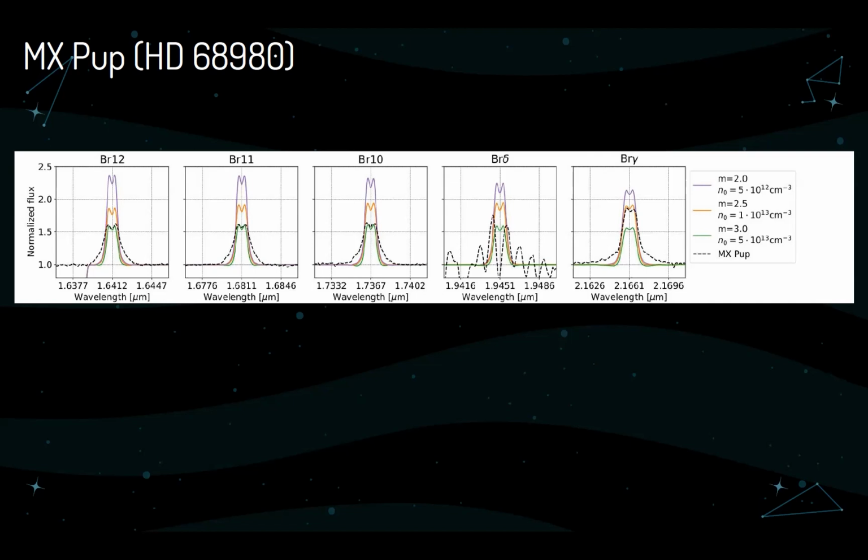That can happen because, as I mentioned before, the disk is not stable. So it is possible that in the innermost part, the lines have already changed their density distribution, and the outer part of the disk doesn't know yet.